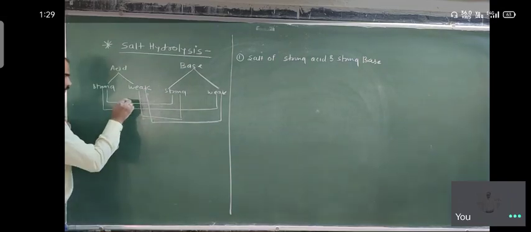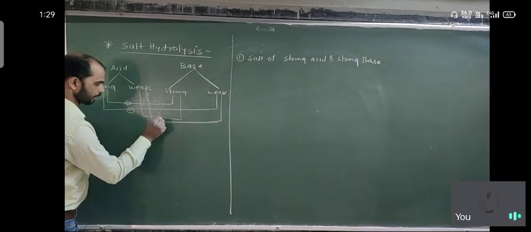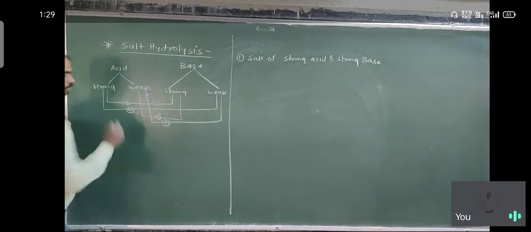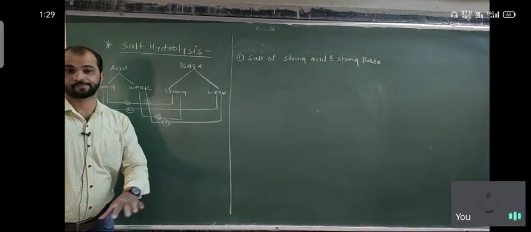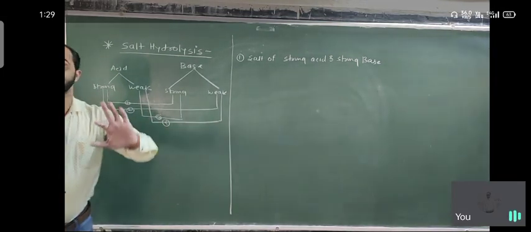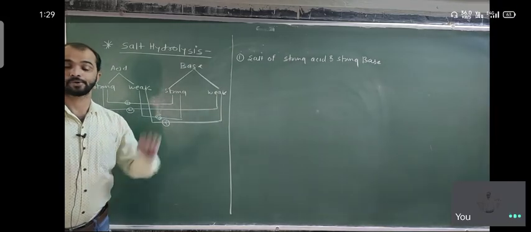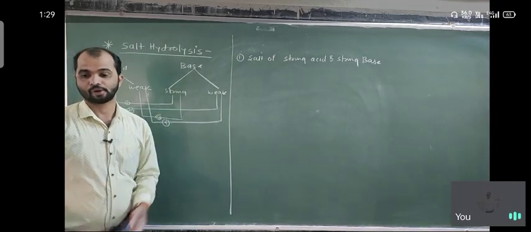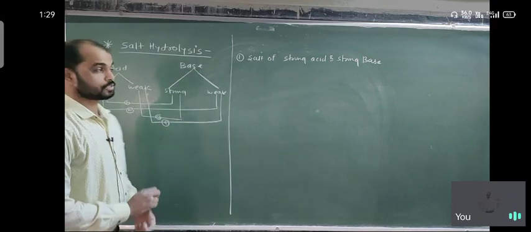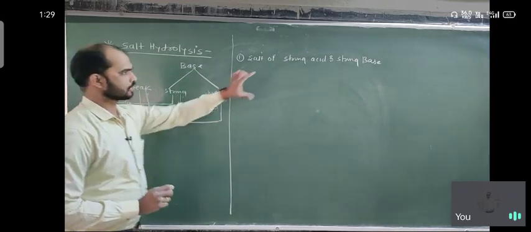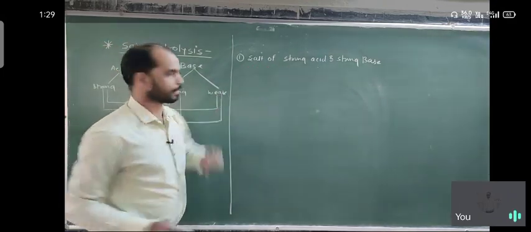So first, second, third, and fourth. We get four types of salt from four reactions, because the nature of the acid and the nature of the base will decide which type of salt is formed.